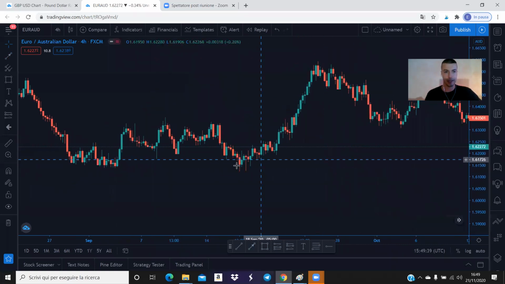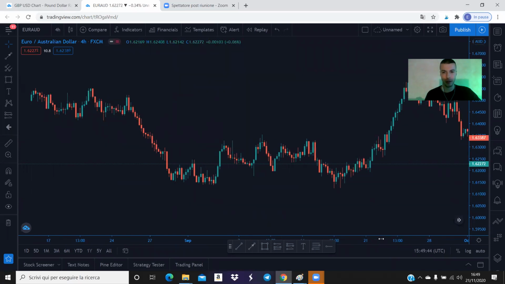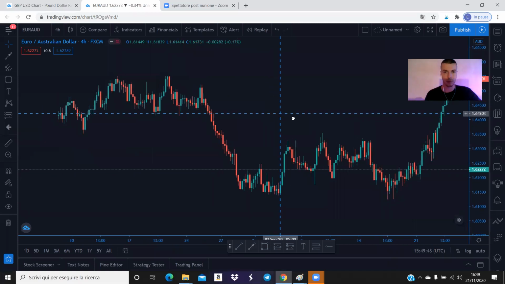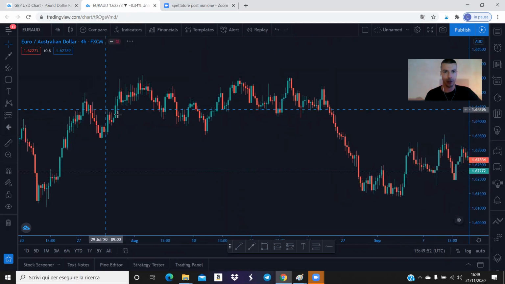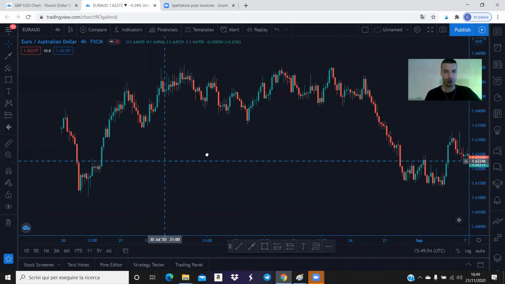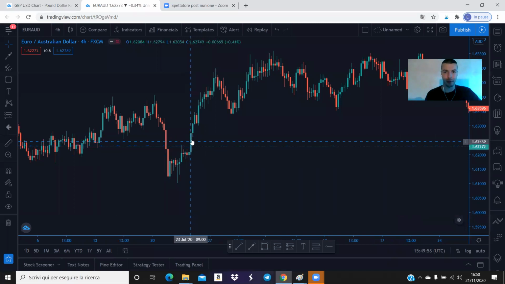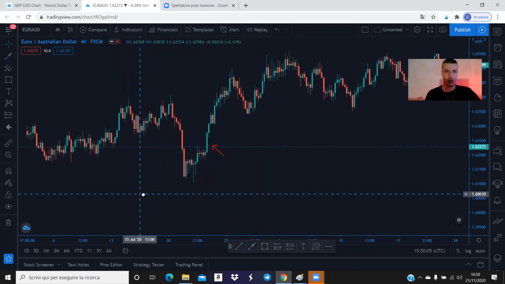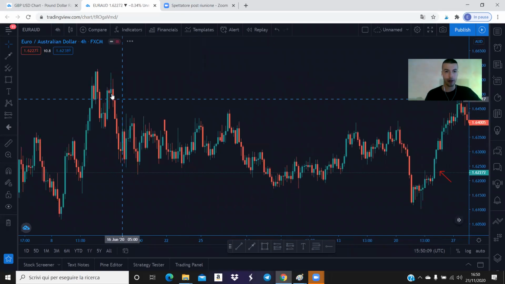Here, let's see. Big candles. There are no actually big candles. Here, choppy market just going sideways. Here we have a big bullish candle. Here another one.